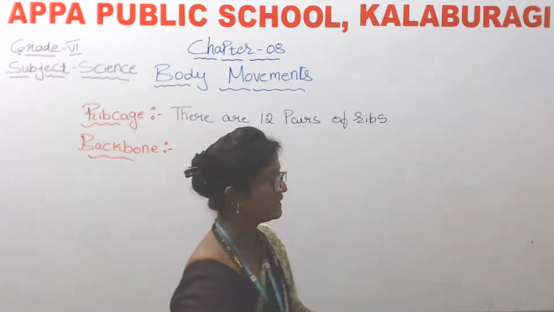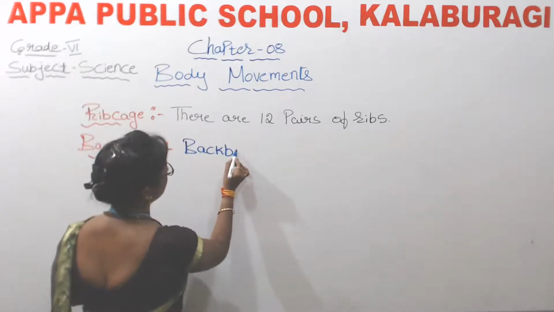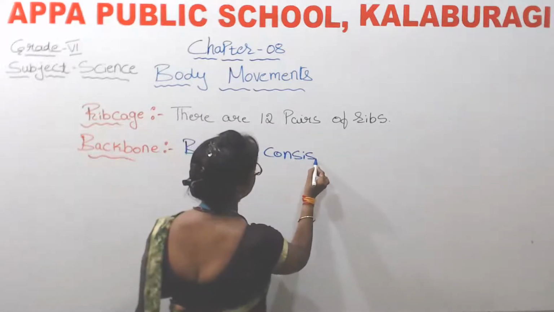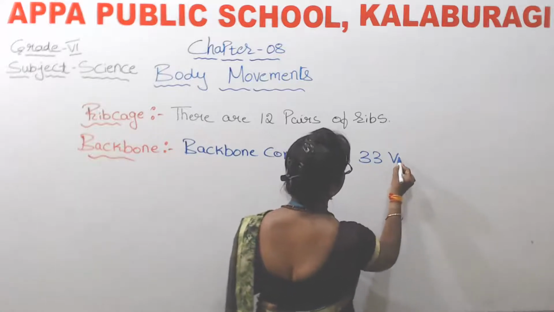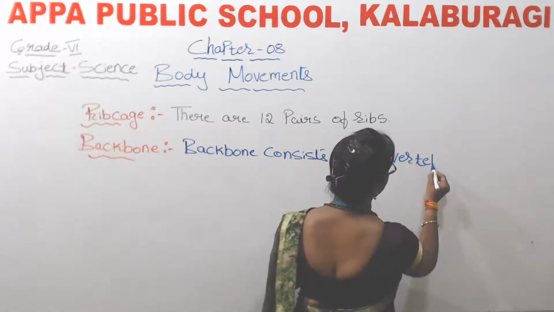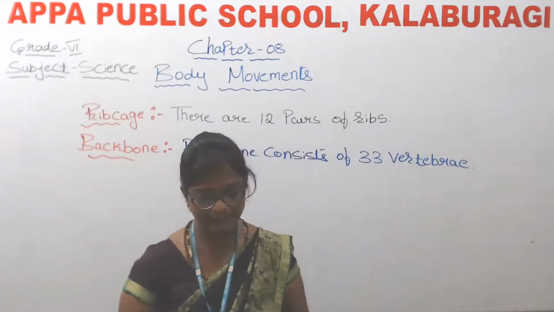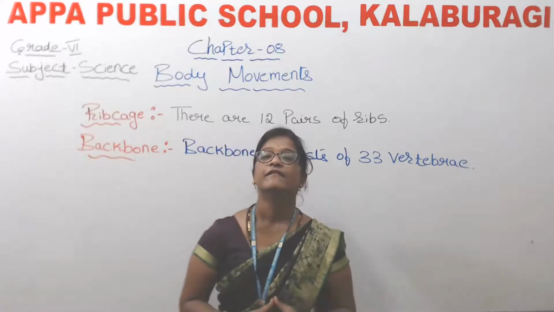So how many? The backbone consists of 33 vertebrae. Yes, children.